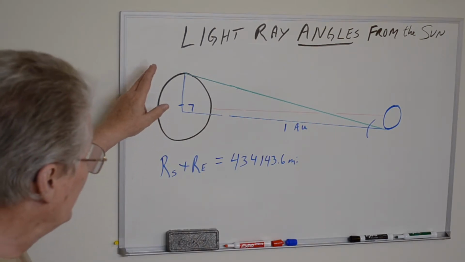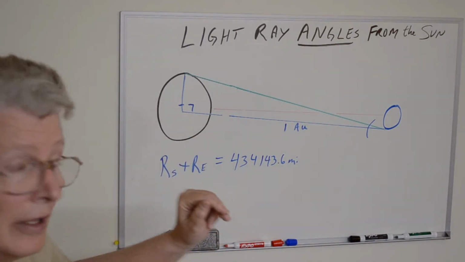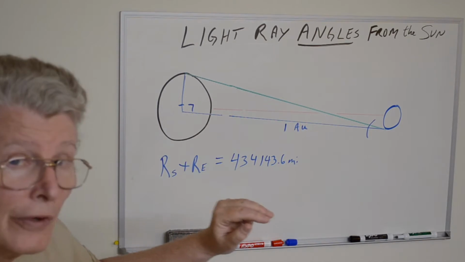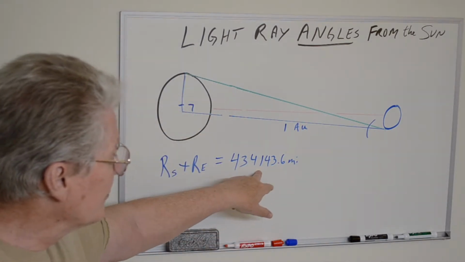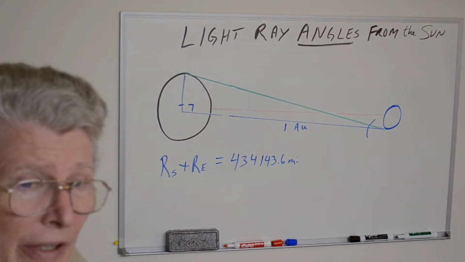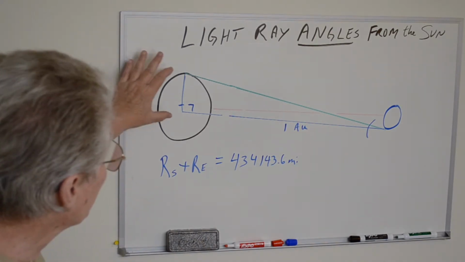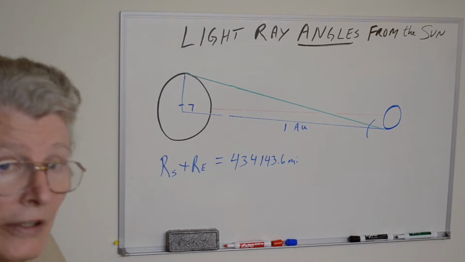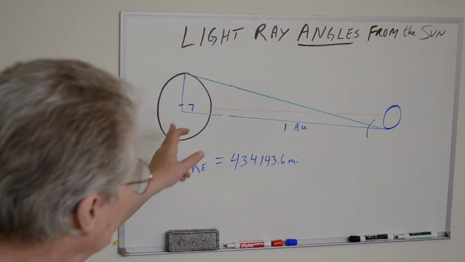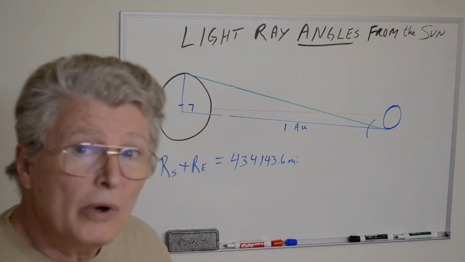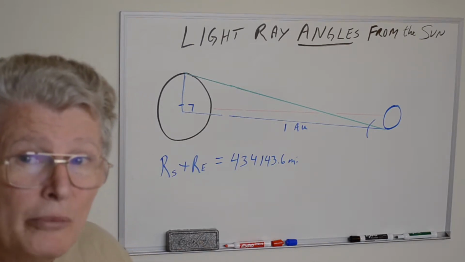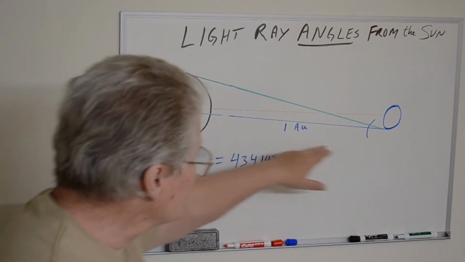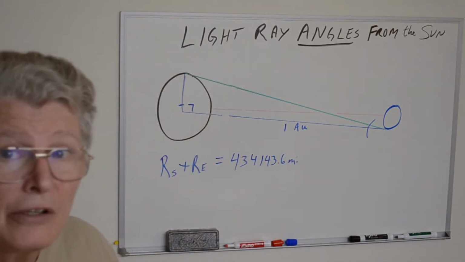We know the radius of the sun from yesterday, and the radius of the earth, of course, is 4,000 miles. So you add those together, you get 434,143.6 miles. So that's our length of this side of the triangle. We know that the distance from the sun to the earth is 1 AU, or 93 million miles, so that will be the adjacent side to the angle we're going to be calculating.